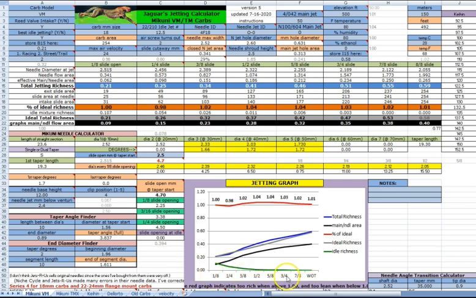This is slide openings, which is almost the same. This shows the idle jetting. And this right here is showing the difference between the actual blue graph and the gray graph. As you can see, the blue graph is higher than the gray one, which means it's too rich for that zone.